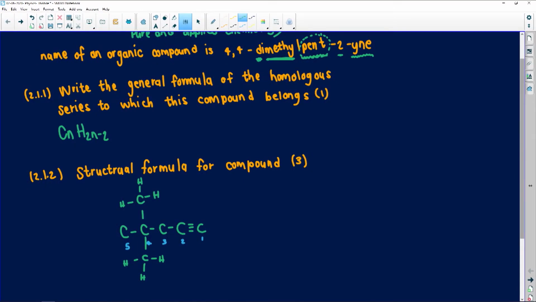So let's start with the first one. I've got 1 stick there. I'm going to need another one, and another one there. Look at this carbon. I already have 1, 2, 3, 4. With this carbon, I already have 1, 2, 3, 4. This carbon, I've got 1, 2. I'm going to say 3 and 4. In this carbon, very important, I've got 1, 2, 3, 4.